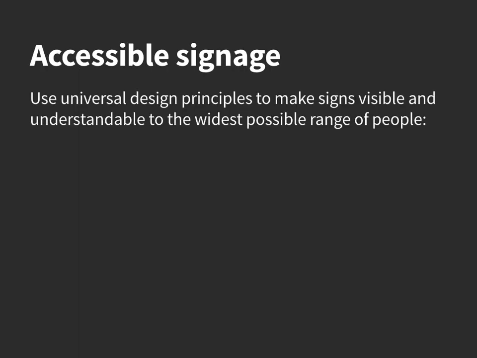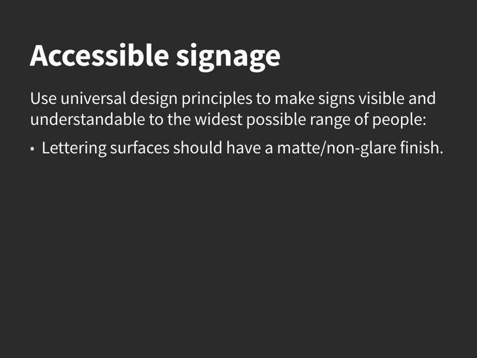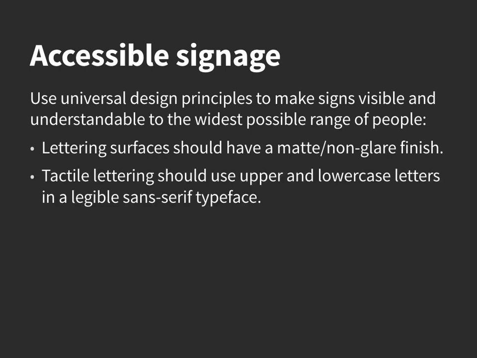So for accessible signage, try to use universal design principles to make signs visible and understandable to the widest possible range of people. So other examples of accessible signage would be that lettering surfaces should have a matte or non-glare finish, that tactile lettering should use upper and lowercase letters in a legible sans serif typeface.